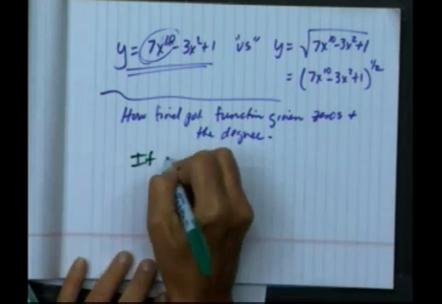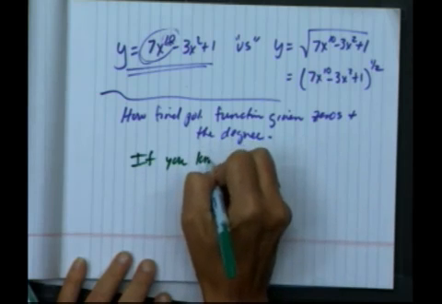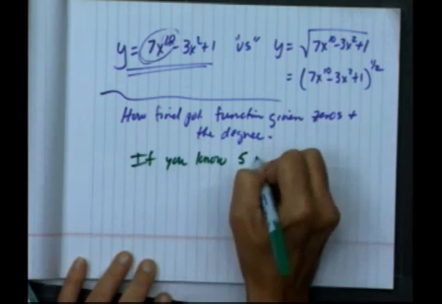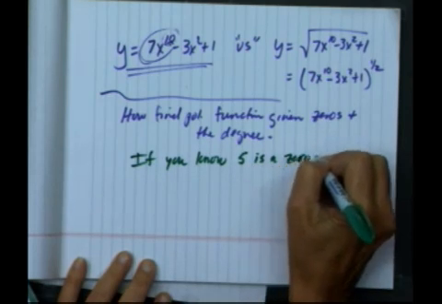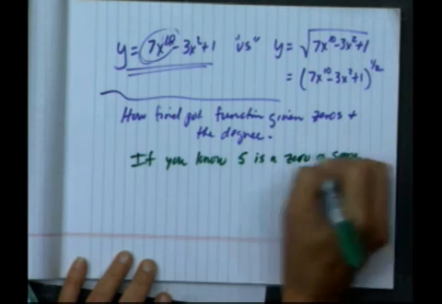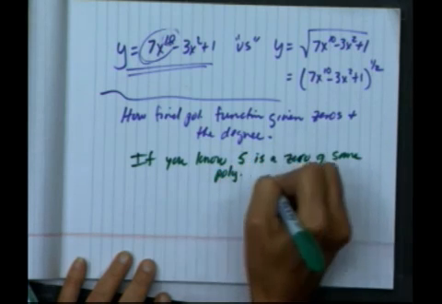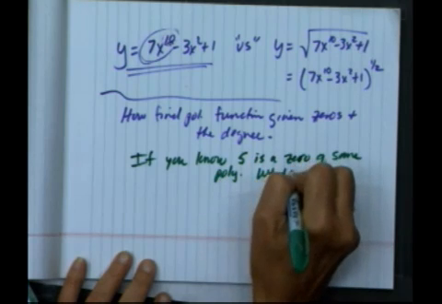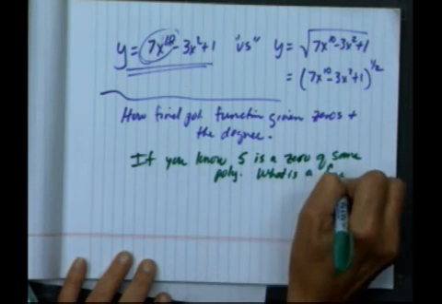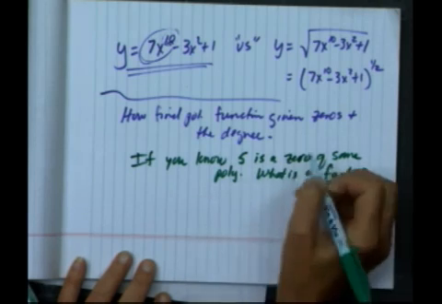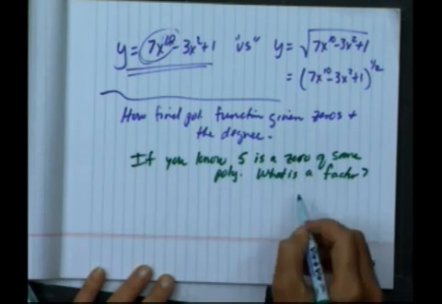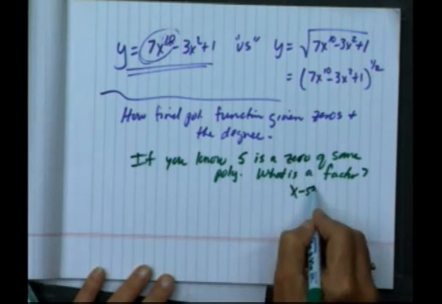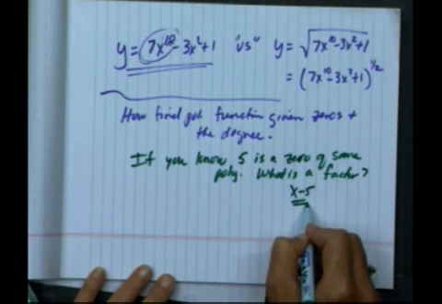If you know 5 is a zero of some polynomial, what is a factor? What's immediately going to be a factor of your polynomial? X minus 5 is going to be a factor.